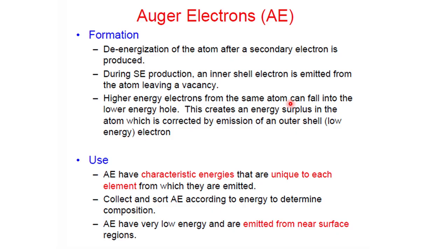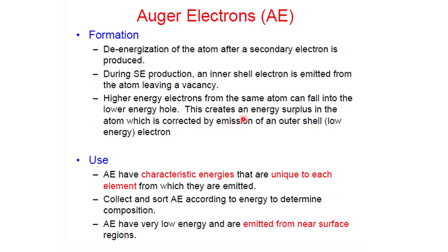When that higher energy electron comes to the lower energy orbital, the excess energy can release another electron from the same element, and that is the Auger electron. During secondary electron production, an inner electron is emitted from the atom, leaving a vacancy. A higher energy electron from the same atom can fall into the lower energy hole, which will create an energy surplus.